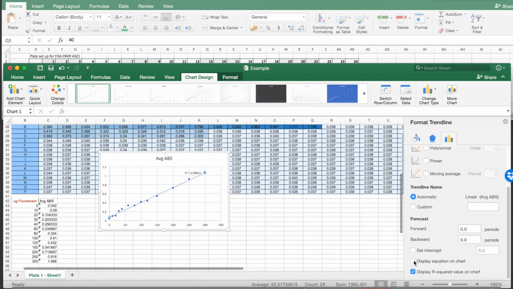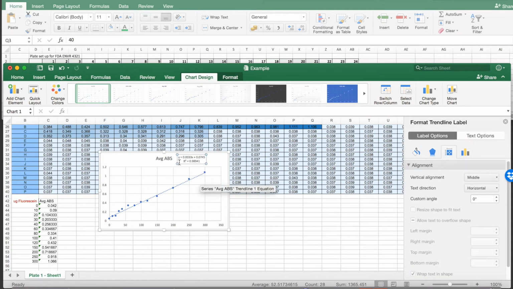I also would like to see the equation. You see this equation, y equals 0.0033x plus 0.0745. Okay, so this equation has a very important purpose.